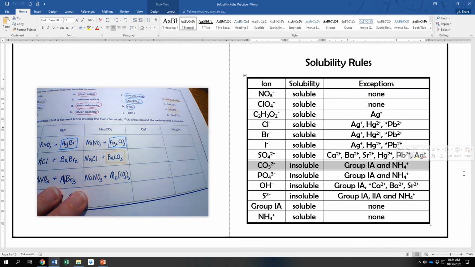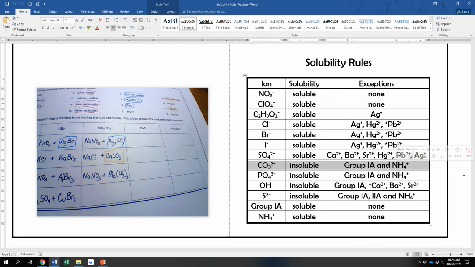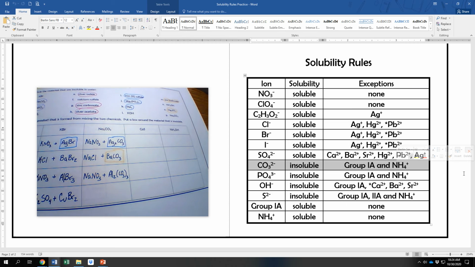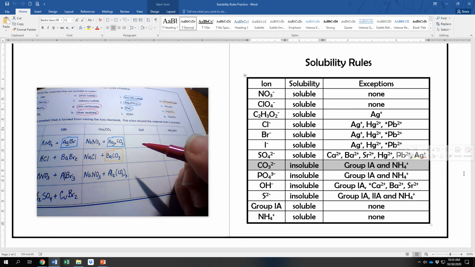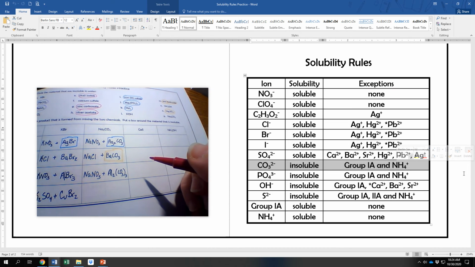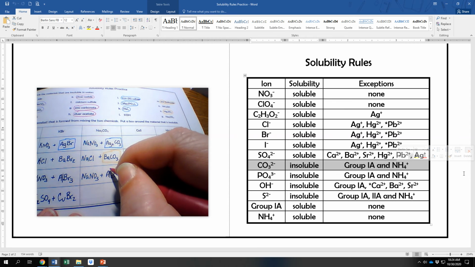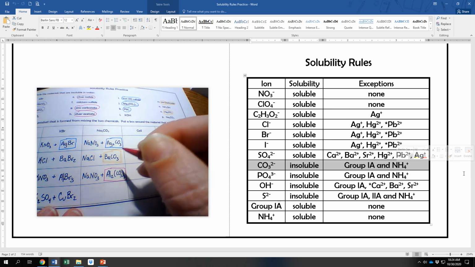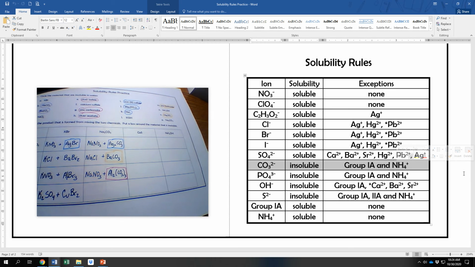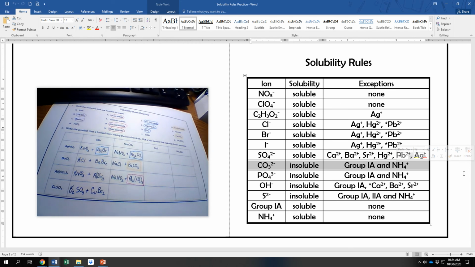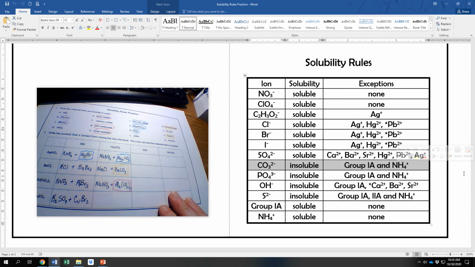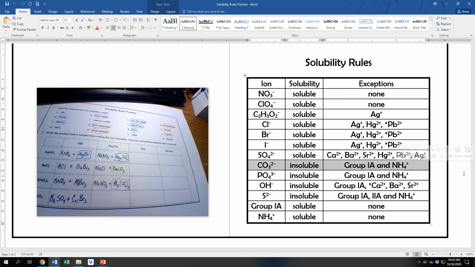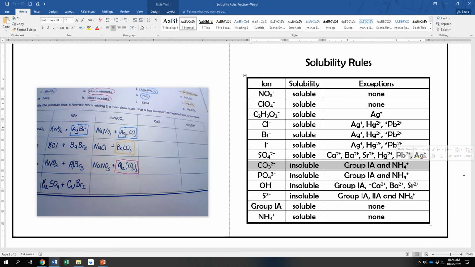Okay. So let's check our solubility rules. NaNO3 will always dissolve. CO3 says insoluble except group 1 or ammonia. Aluminum is not in group 1, it's in group 3. So it will turn into a solid. And then CuSO4.